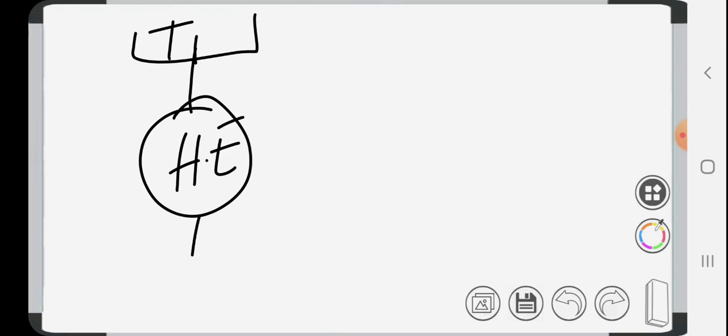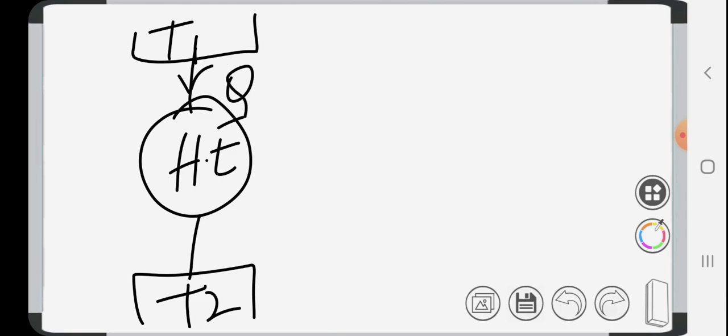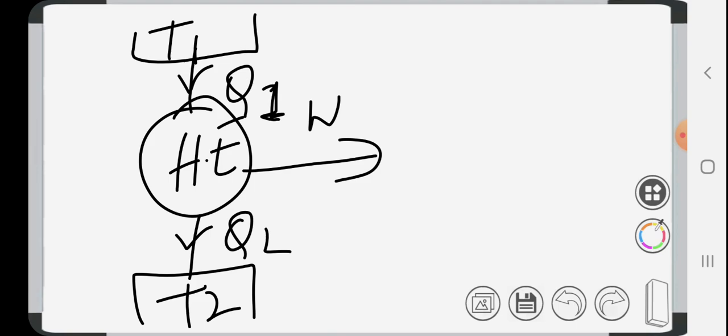Source temperature T1, sink temperature T2. It will absorb Q1 amount of heat from the source and reject Q2 to the sink, and will give a work of W. In the case of a heat engine, we use a parameter called thermal efficiency.